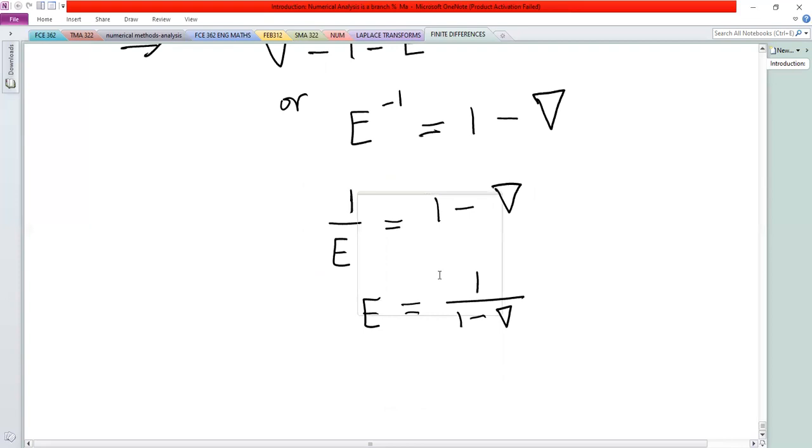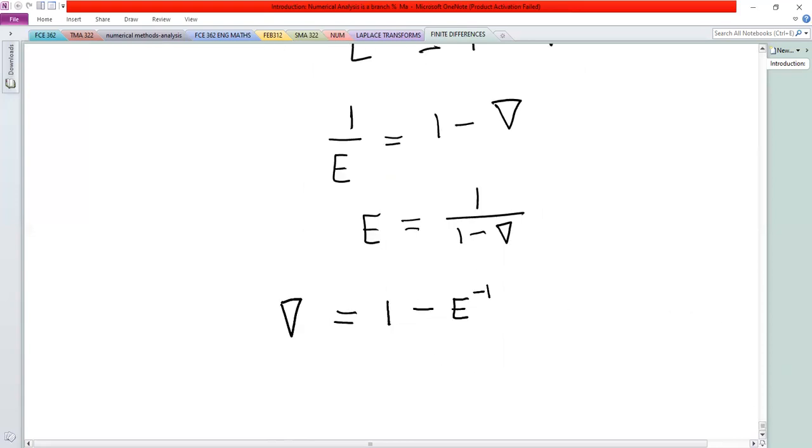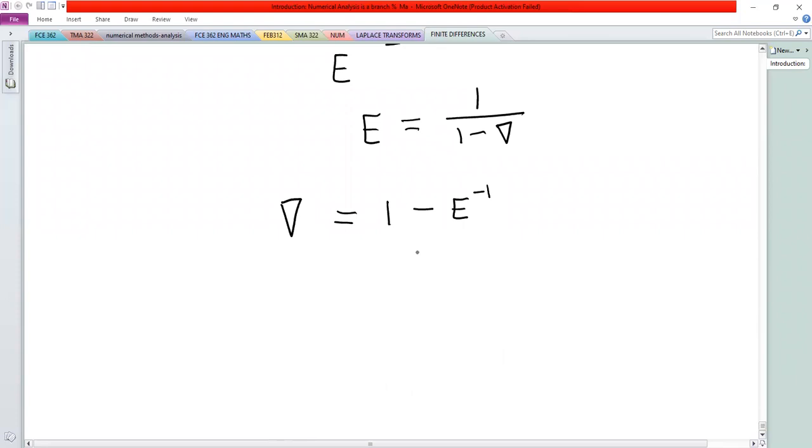Or you can as well say that the backward operator from this point will be given by 1 minus e raised power negative 1, which is the same thing as writing 1 minus 1 over e, which is e minus 1 over e, given by backward.